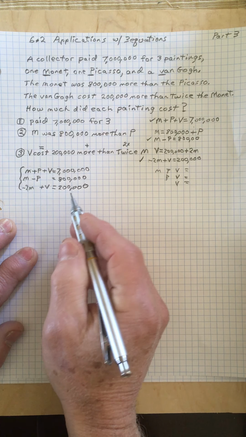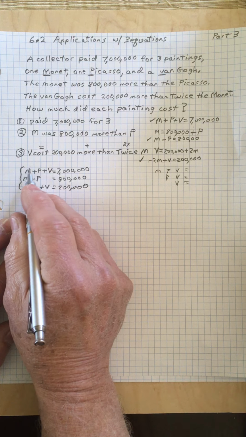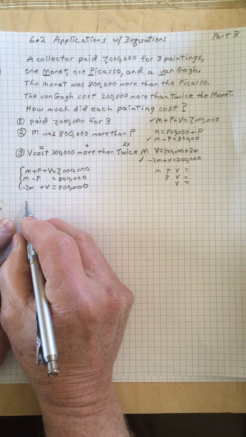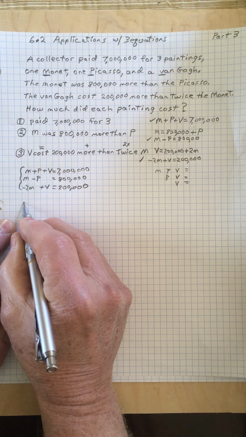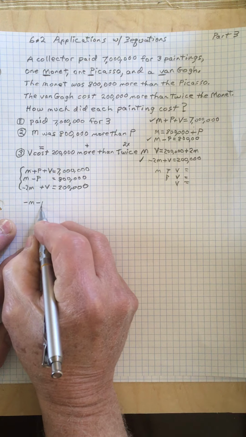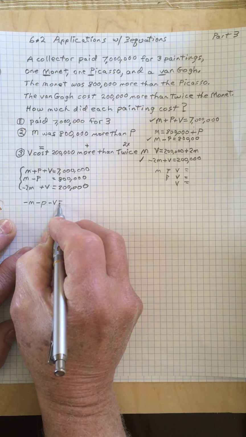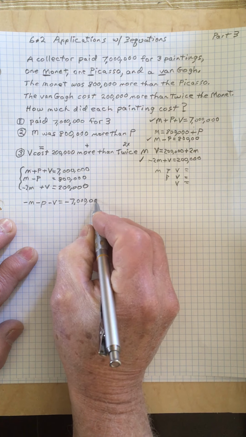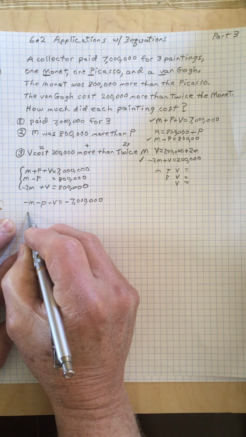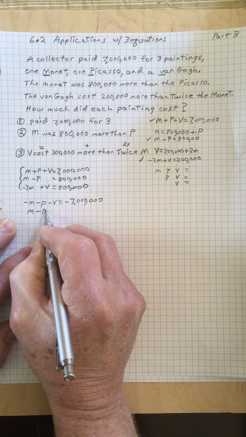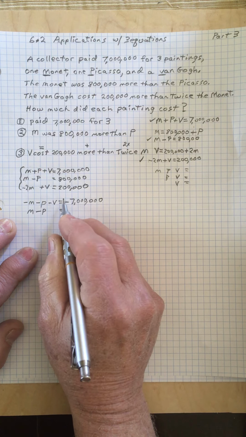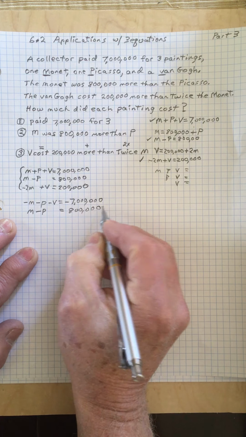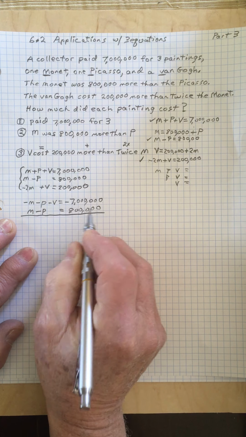So we want to get rid of m's. So let's start with these two. Let's take the first one, multiply it by a negative, and then add it to the second one, and we'll get a new second equation here.